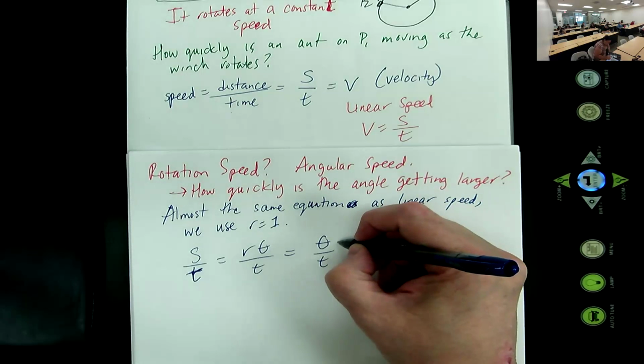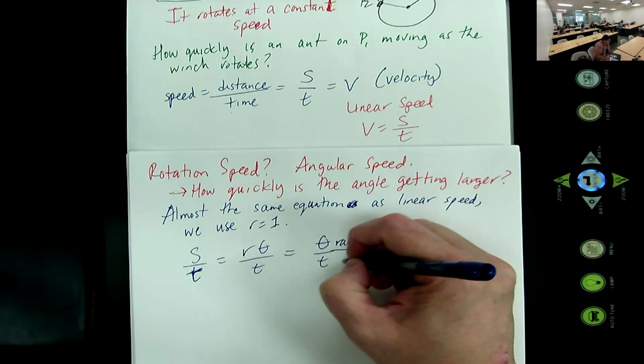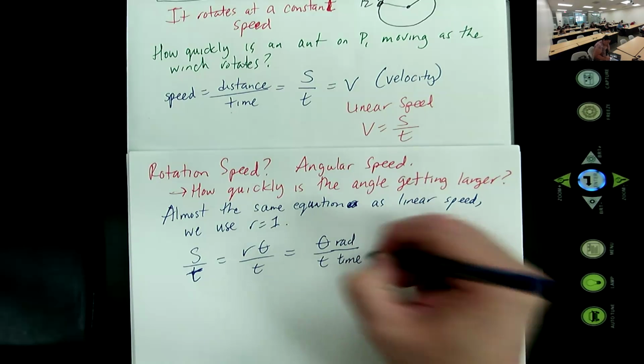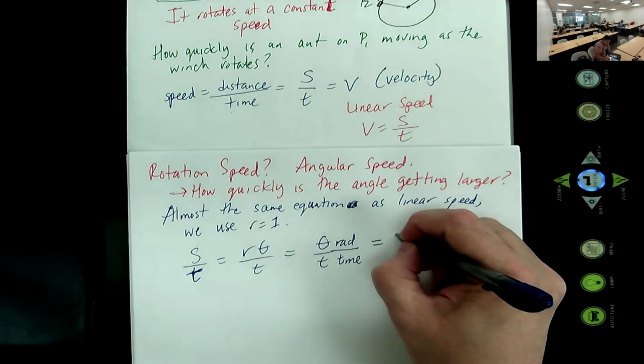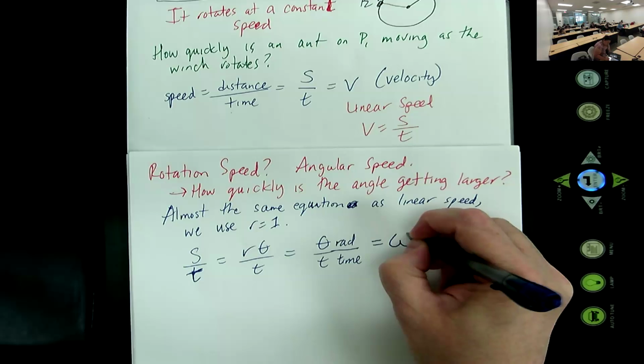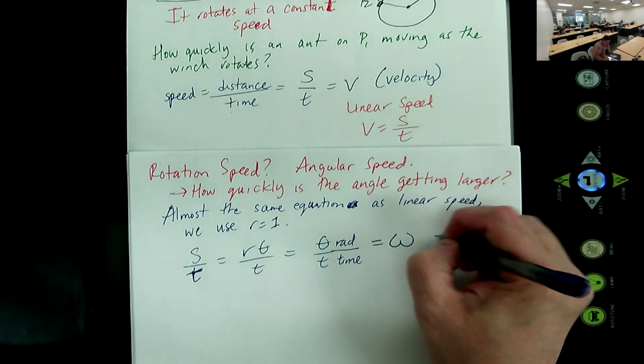So this is theta radians over T time units, whether it's in minutes or seconds. And we use this symbol here. It's a crazy looking W. But it's called omega.